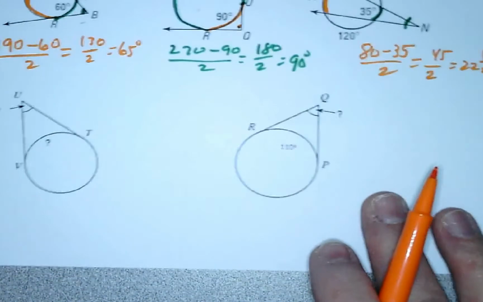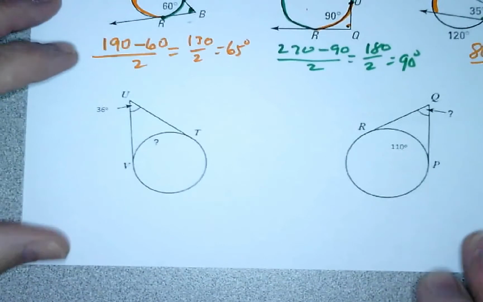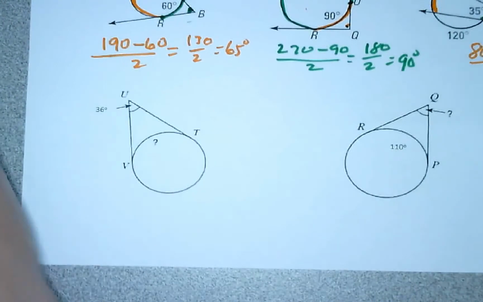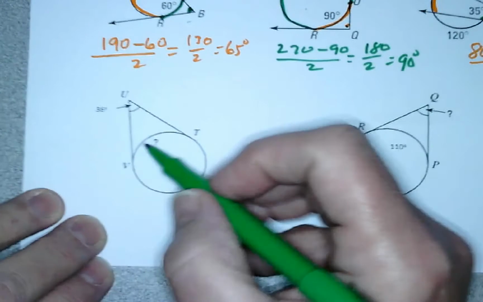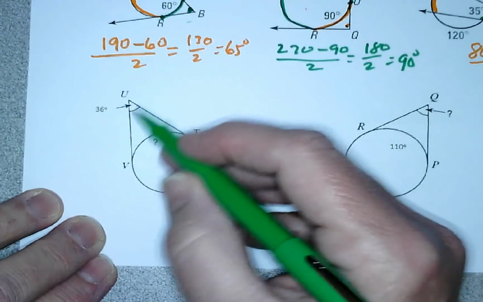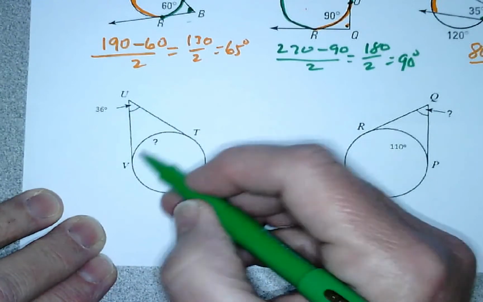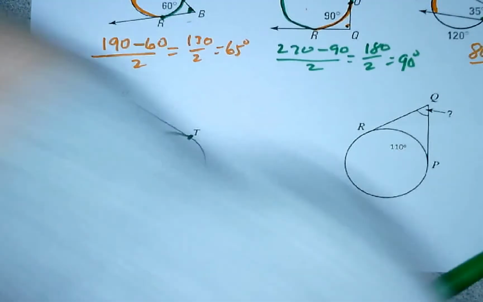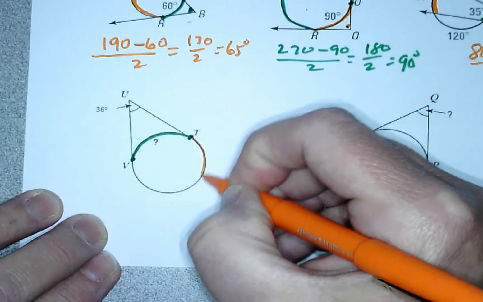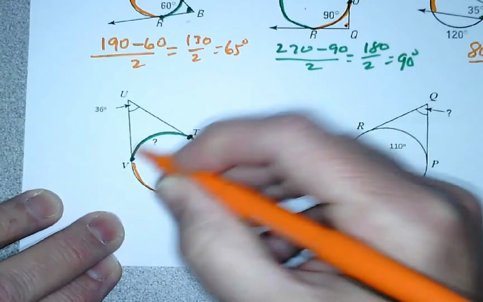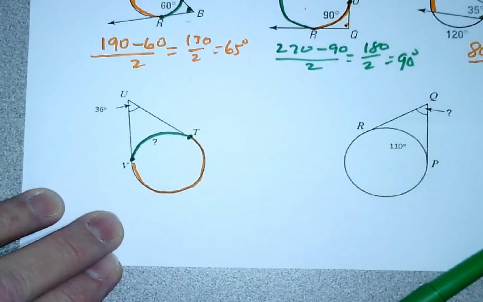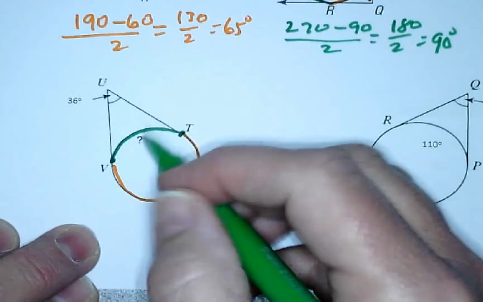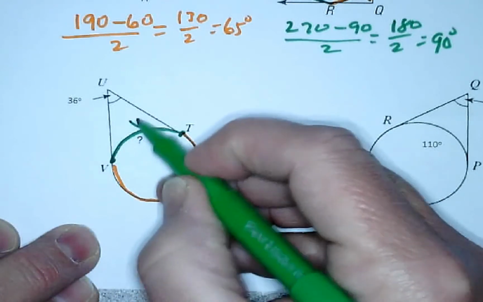However, if they give you something like this first one here, it can get kind of fancy, but it is possible because I know this angle is an outside angle. That angle equals from V to T, that arc, and the other one, which is all the way around here. This orange arc and the green arc need to total up to 360. Okay, so if I make this one, let's just call it x.